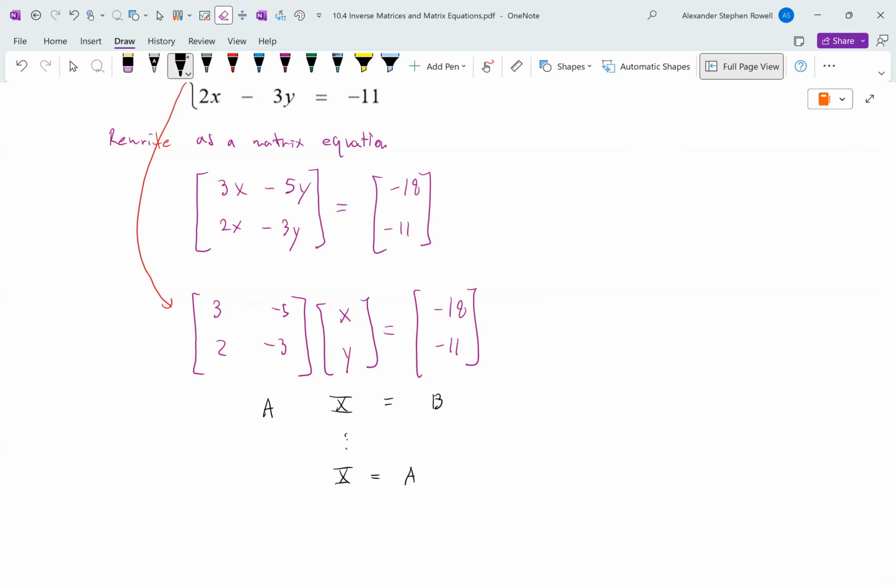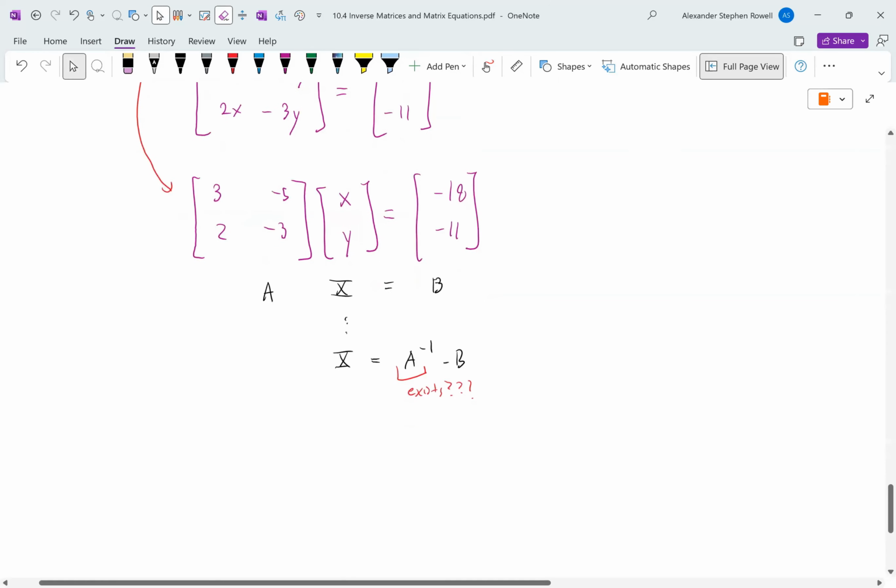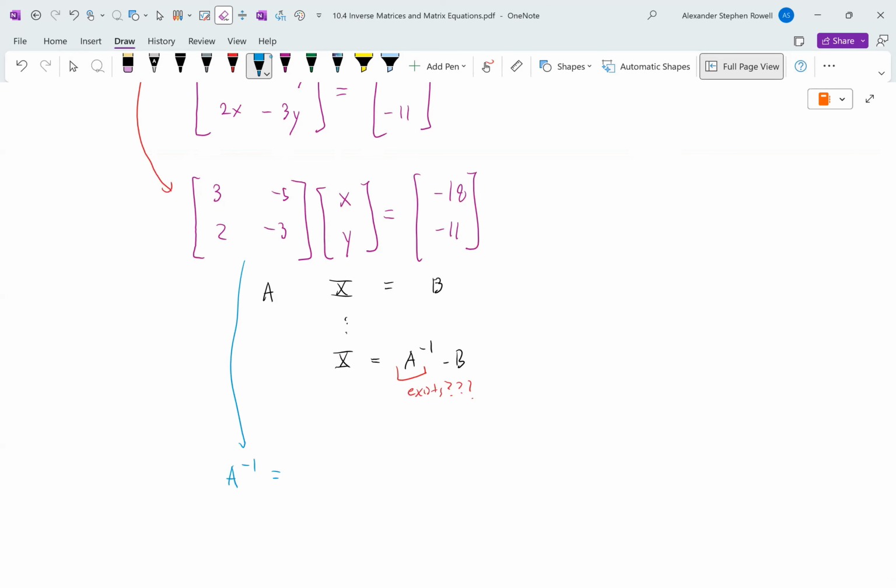The answer is A inverse times B, assuming this exists. Let's find the inverse of matrix A. Do you want to use the shortcut? A inverse would be equal to, well, I have a fraction, right? I'm going to write the formula again, just to remind you: 1 over AD minus BC times D, negative B, negative C, A.